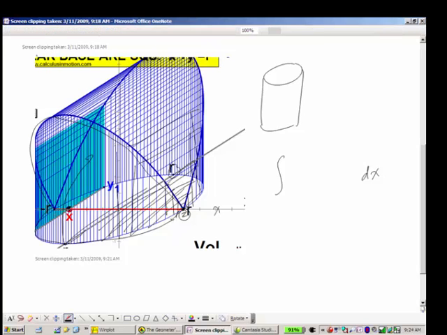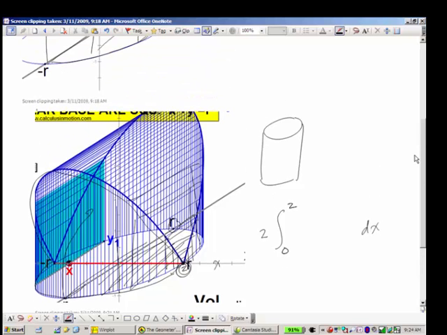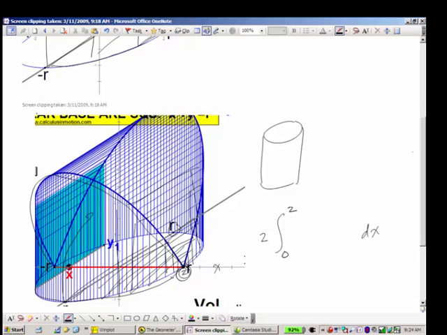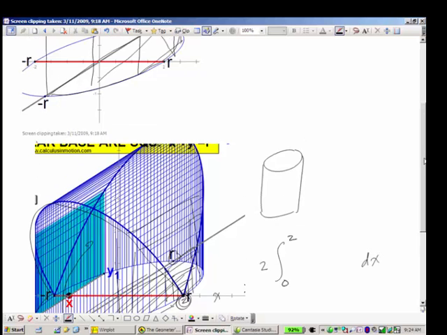In this case, we said r was going to be 2. So from -2 to 2, I'm going to double from 0 to 2. I'm just not there yet.